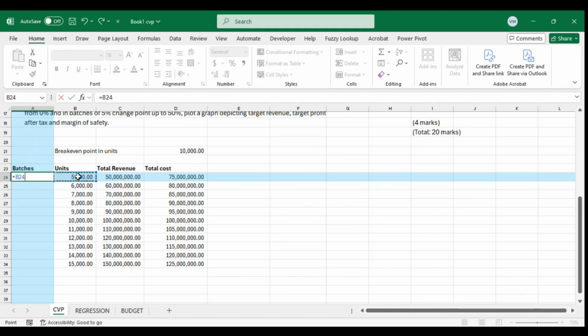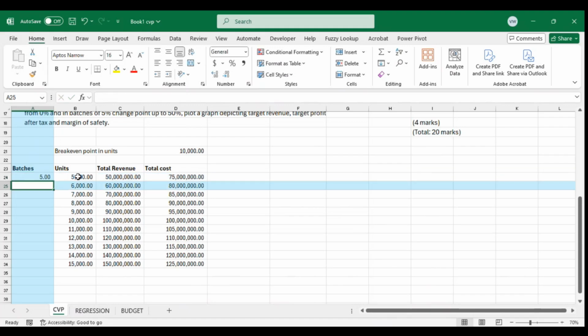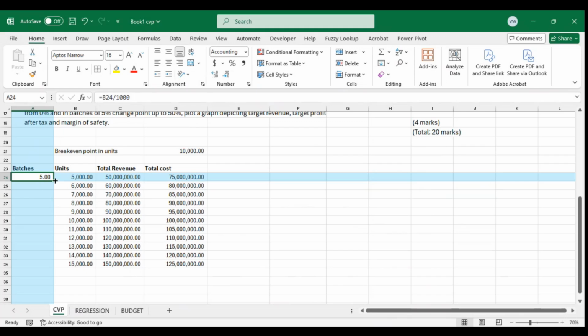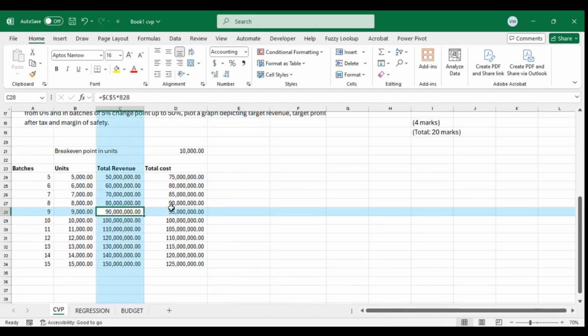I can just say divide by 1,000 because I don't need it again. I can just use the normal values. There's no problem. And in this case, this is 5 batches and I use the fill series. So I'll have batch number. Production will be in 5 batches running all the way up to 15 batches. So that is how we'll have the number of batches.